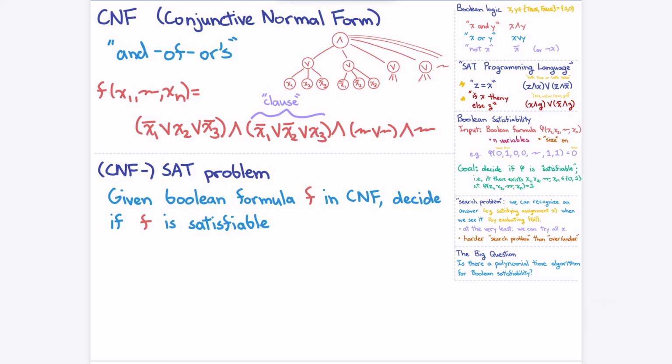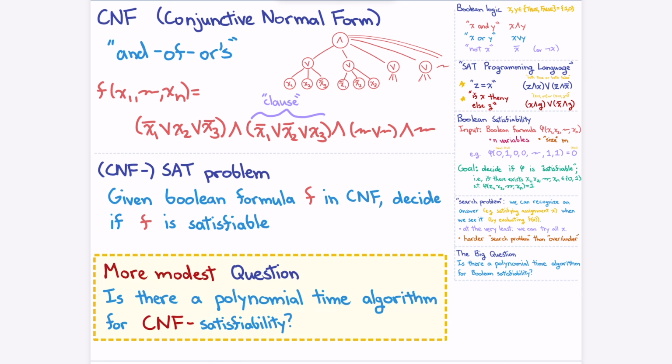The new question is, given a Boolean formula that's restricted to conjunctive normal form, is it satisfiable? That would be a new problem. We're just restricting the original problem. And that gives us a more modest question: is there a polynomial time algorithm for this problem?